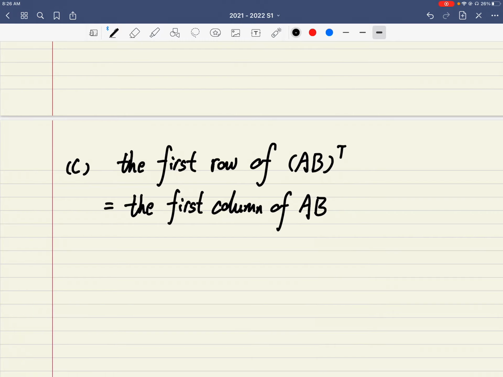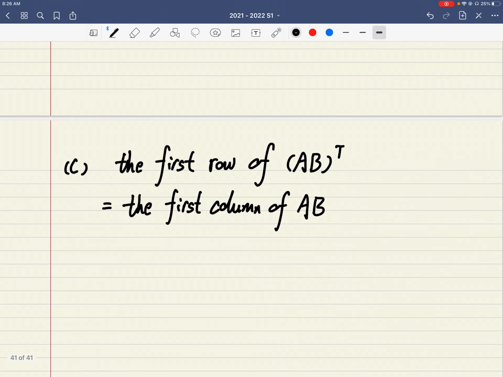So the first row of AB transpose is the first column of AB. Okay, but this is not exactly correct because the first row is going to be a row vector. Here's the first column, it's going to be a column vector. So after you get the column vector, you have to transpose it, right? You have to put it down to make it a row vector. So you put a transpose here.